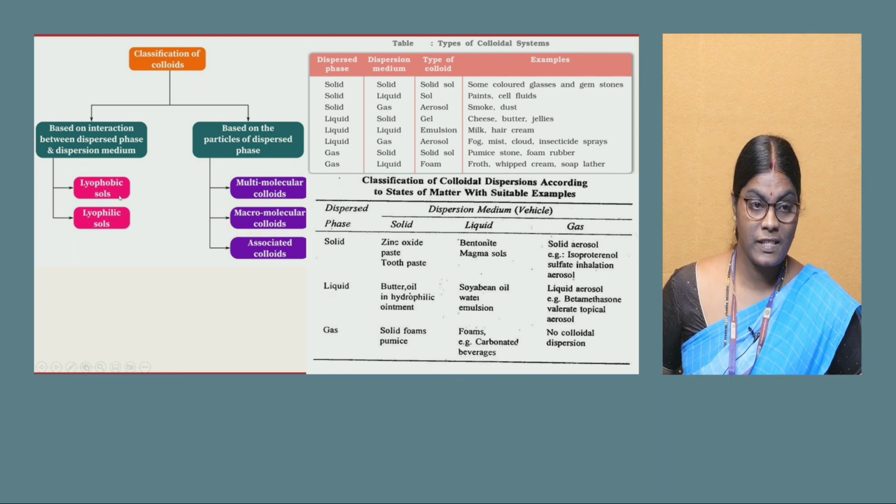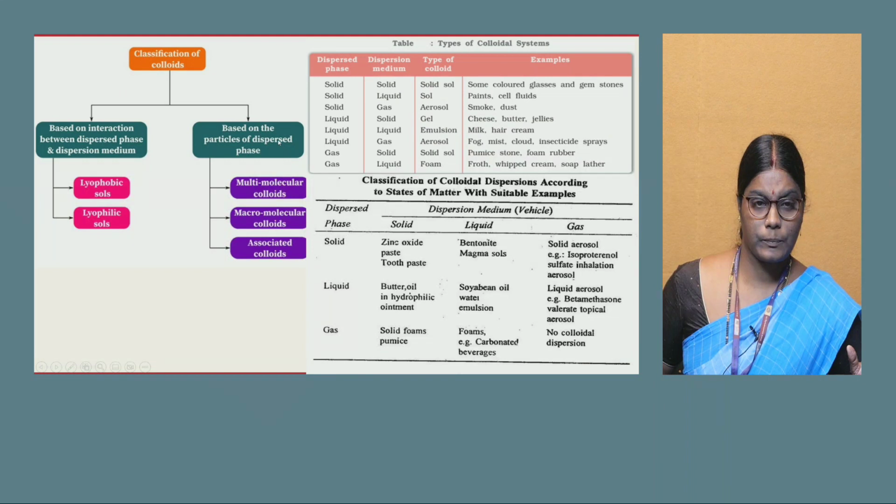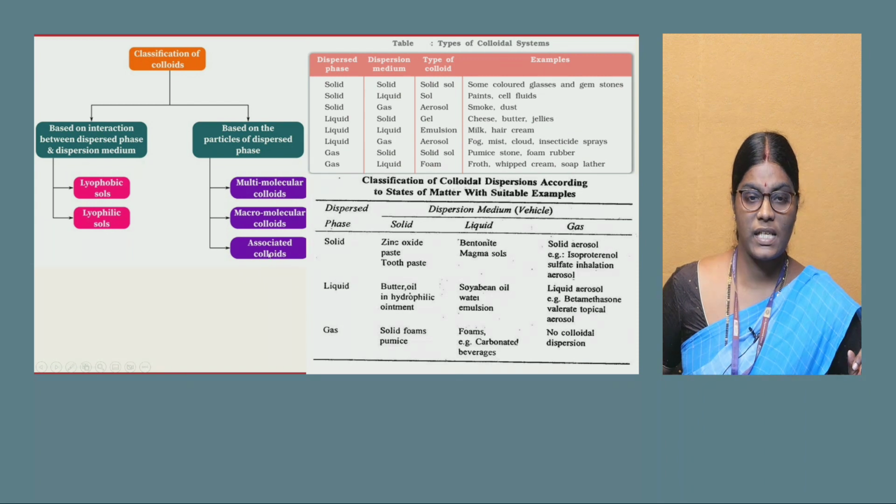Lyophobic sols or lyophobic colloids, lyophilic sols or otherwise lyophilic colloids. And based upon the particles of the dispersed phase, these colloids are classified into multimolecular colloids, macromolecular colloids and associated colloids. Based upon the dispersed phase and dispersion medium, the type of colloid will be different.